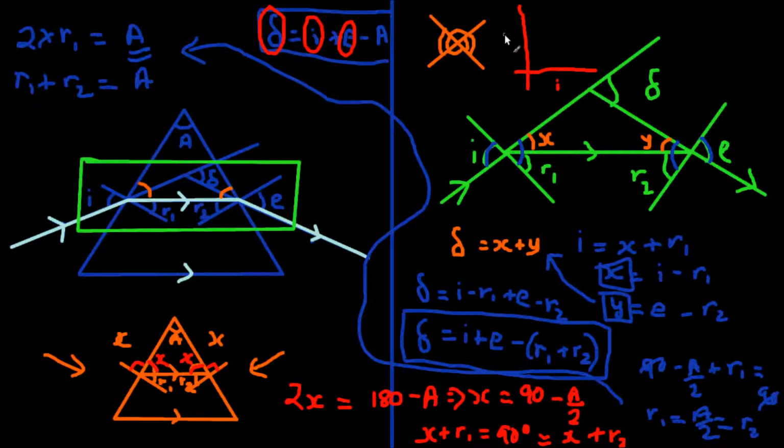You'll see a graph something like this. There'll be a lowest point here. Before that it's going to decrease, after that it's going to increase. This point is called delta min, or the angle of minimum deviation.